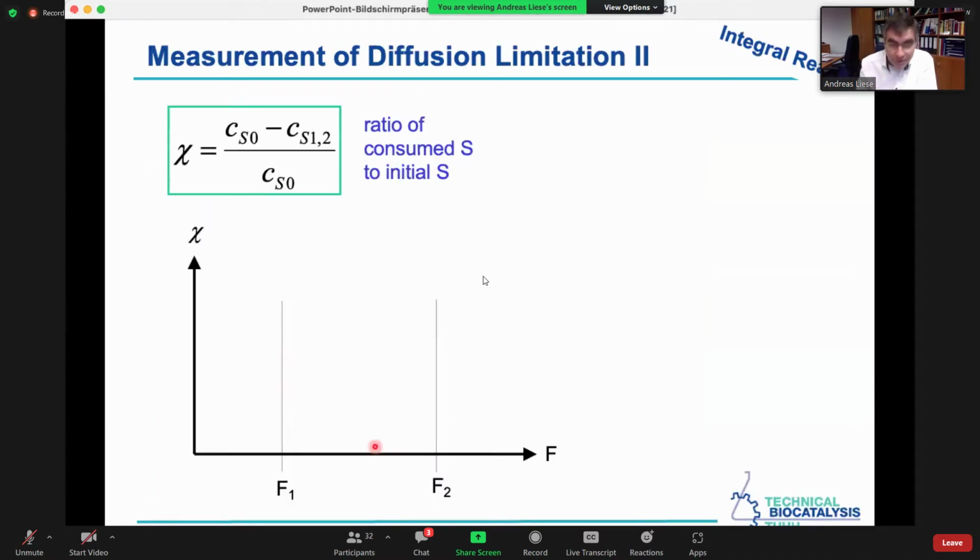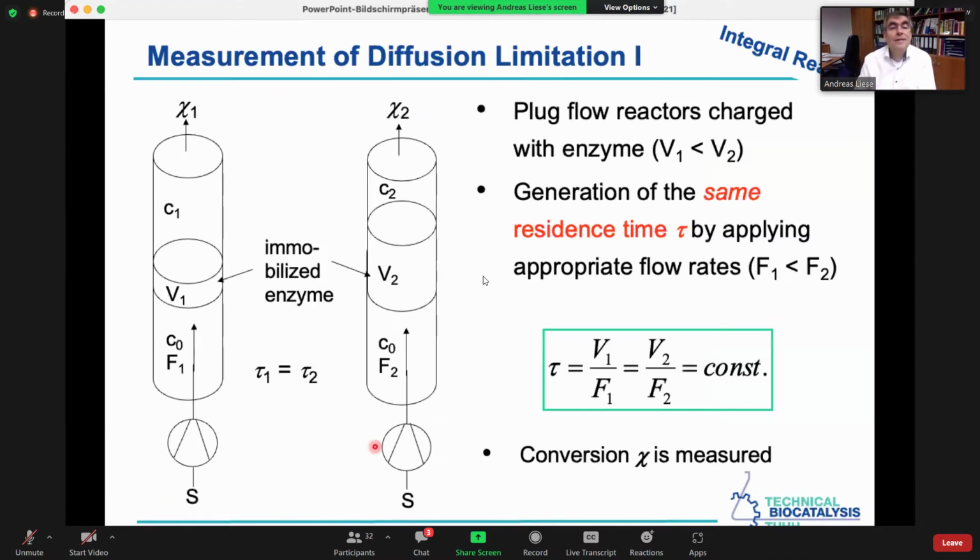So, back to our layout. We have the same residence time, a small bed volume on the left with a relatively small flux, and a high volume with high flux on the right, delivering the same residence time.